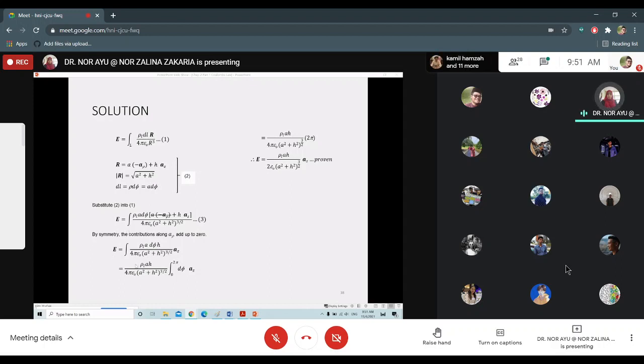Okay, if you look here, the only integration that you need to find is d phi. So it's good for you. So d phi is only a little. Alright, so take out everything except d phi. That is the only thing you need to integrate. So the limit for d phi is 0 until 2 pi. Okay, so you integrate that, you will get this answer.